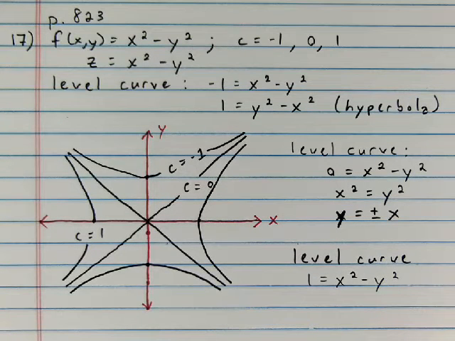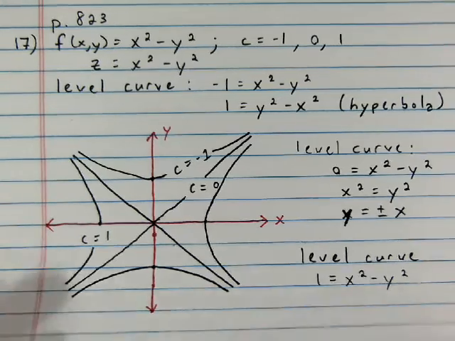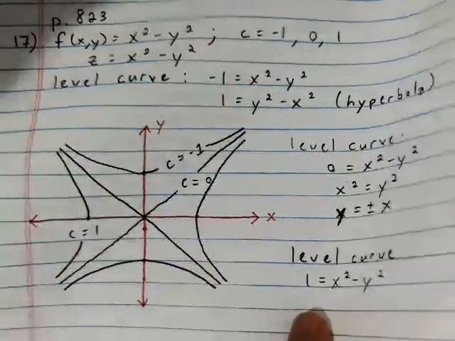All right, so we'll look at one more of those, and then we'll switch gears and start looking at quadric surfaces. So let's look at number 18. We're still on page 823, looking at number 18, and same directions.